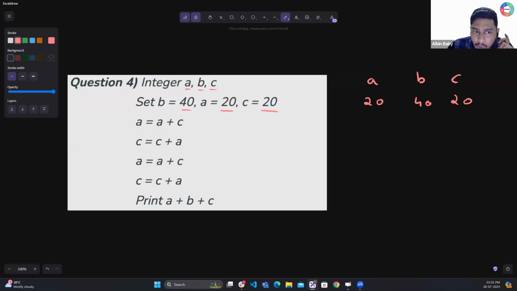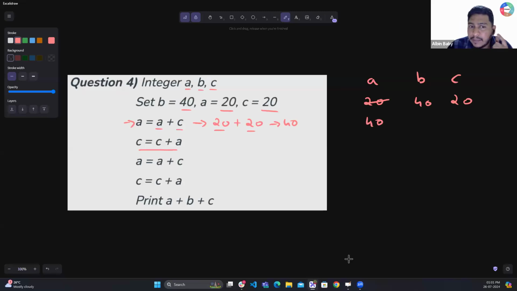Now, A equals to A plus C. What is A? A is 20. What is C? C is 20. So 20 plus 20, A will become 40. So now A will become 40.